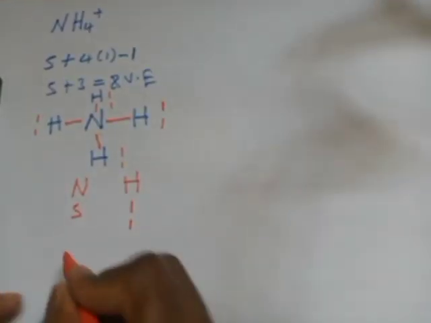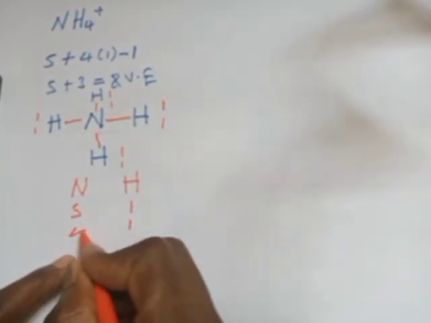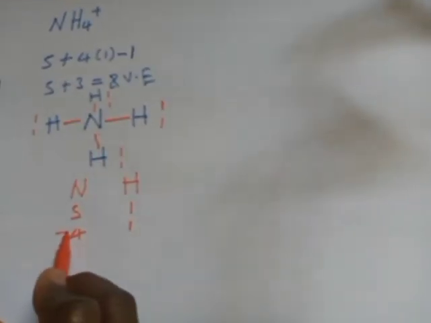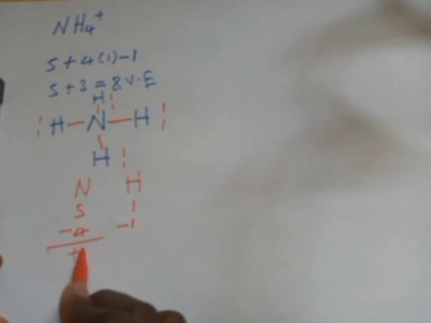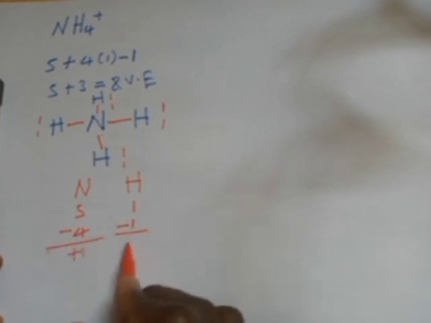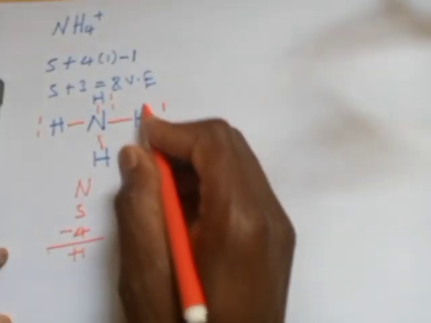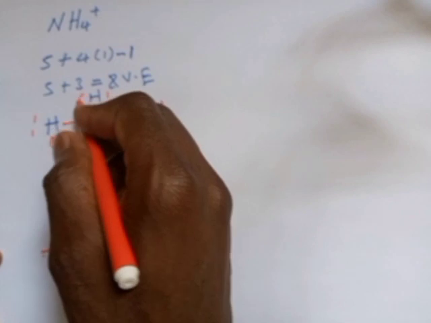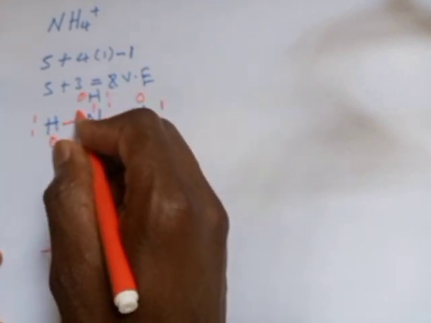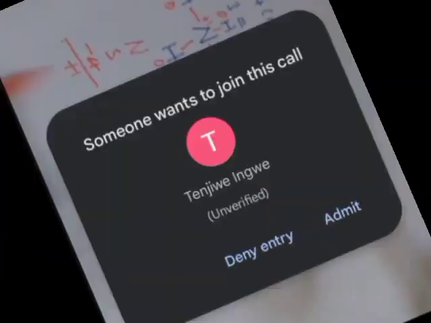How many electrons are you going to have? You're going to have 4. You subtract, and you'll find that each hydrogen is going to be 0, and finally nitrogen is going to have positive 1.